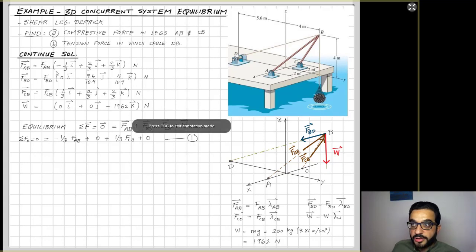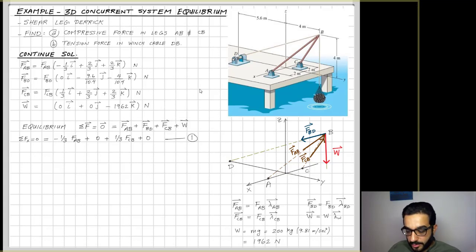So here I'm just adding vertically. I'm adding the X components, Y components, and Z components, or I, J, K. If you organize the solution, it will help a lot in reducing the potential for mistakes.